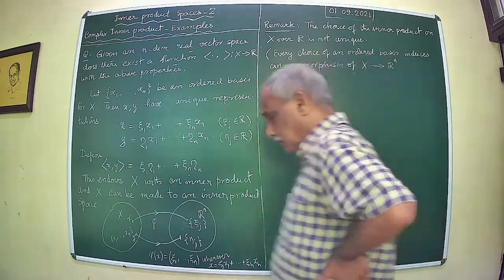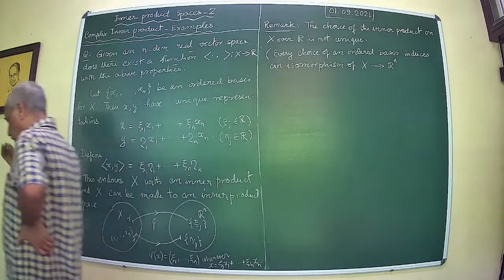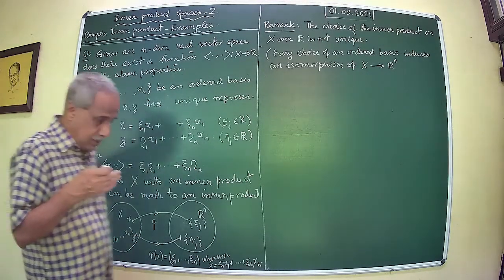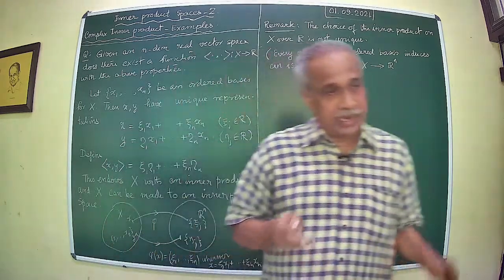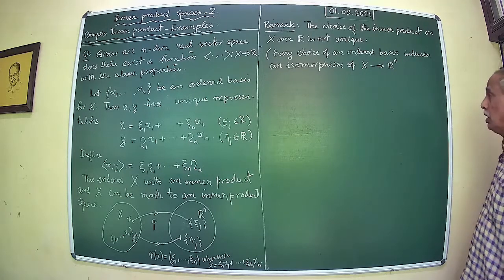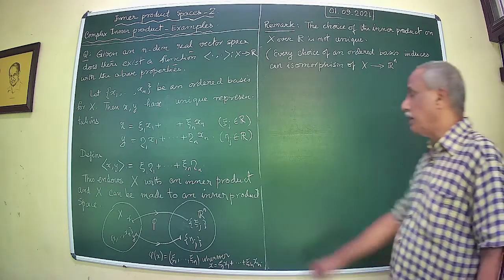Therefore, the map X inner product Y is dependent on the choice of the isomorphism.